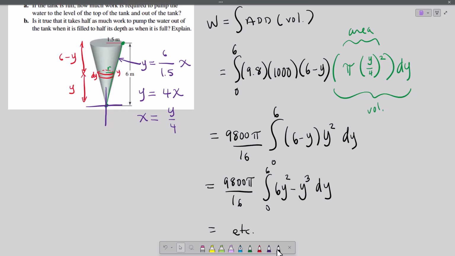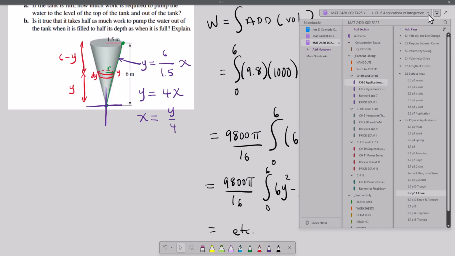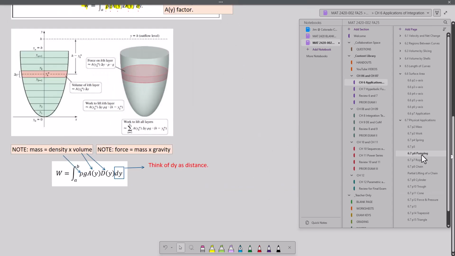So ADD volume. And I'll finish off this integral piece. I want to now talk about the one-dimensional case. So let's go back to this one-dimensional case right here.